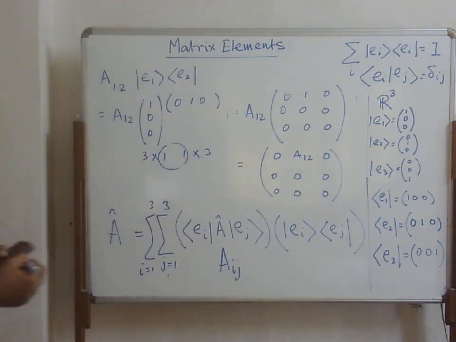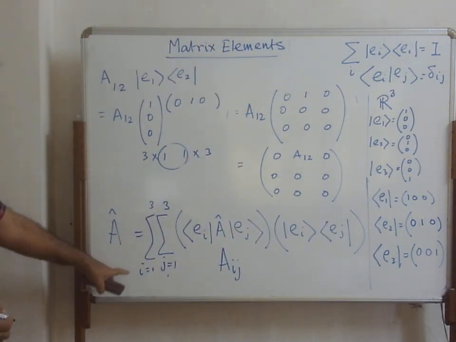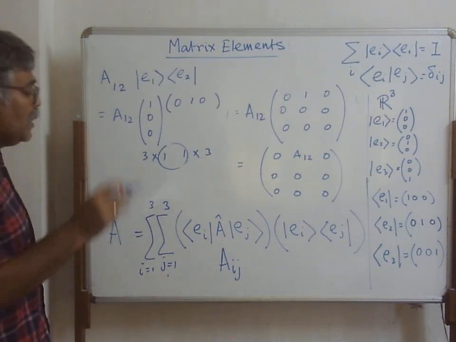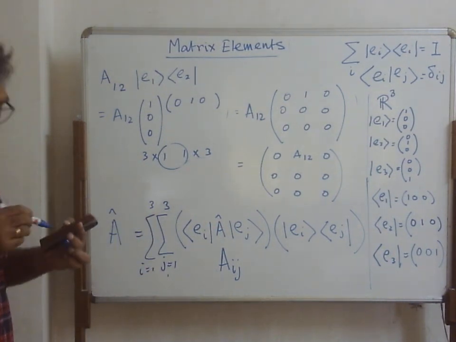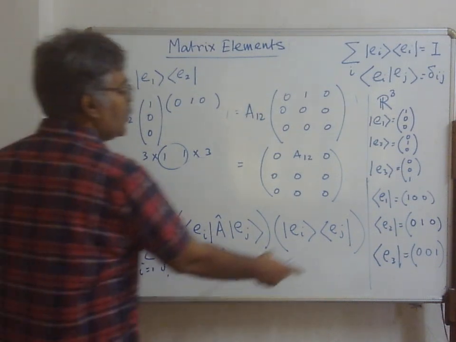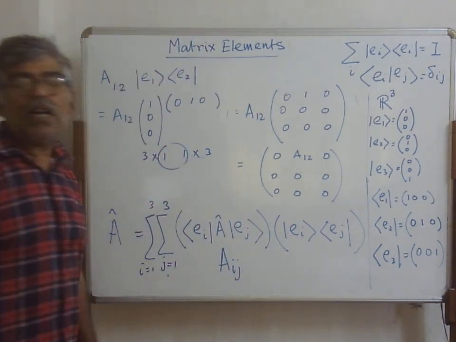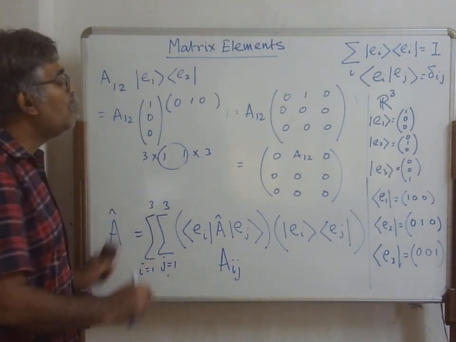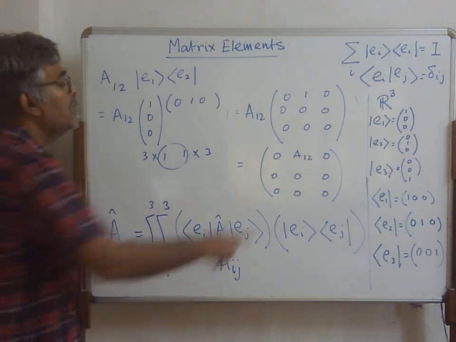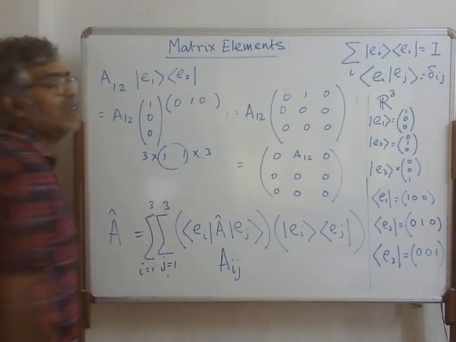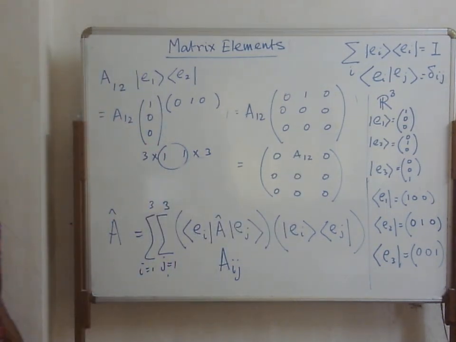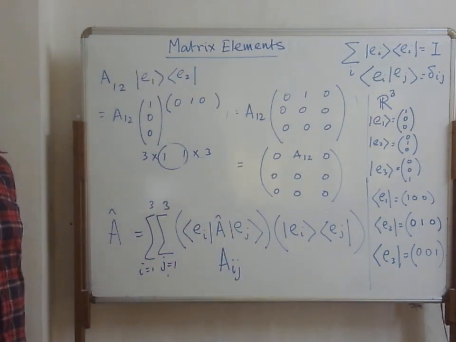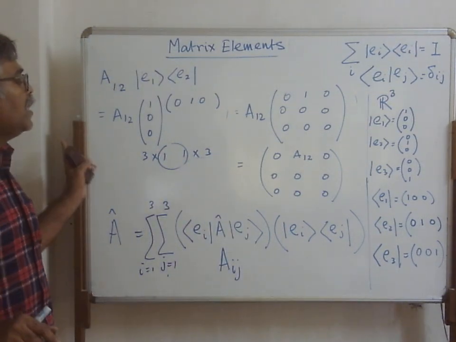Now what's happening? If I take i equal to 1 and j equal to 2, in that particular term, this fellow gives you the matrix on which the A12 term will sit. See, the 1, 2 term is sitting in the 1, 2 position. So this thing identifies which position the matrix element will sit.